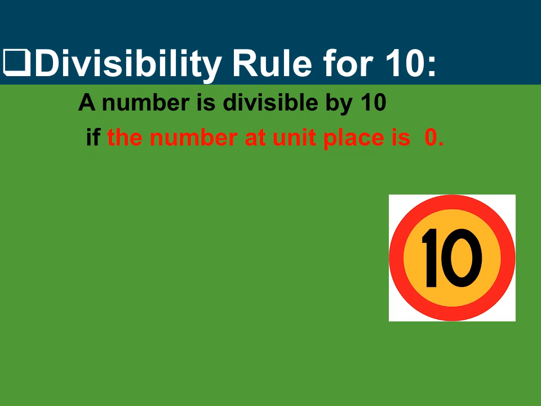If we have 0 at the last digit of a given number, then we can say that the whole number will be divisible by 10. Like in these examples, we have 0 at the last digit, or at the ones place or at the unit place. So the whole numbers will be divisible by 10.